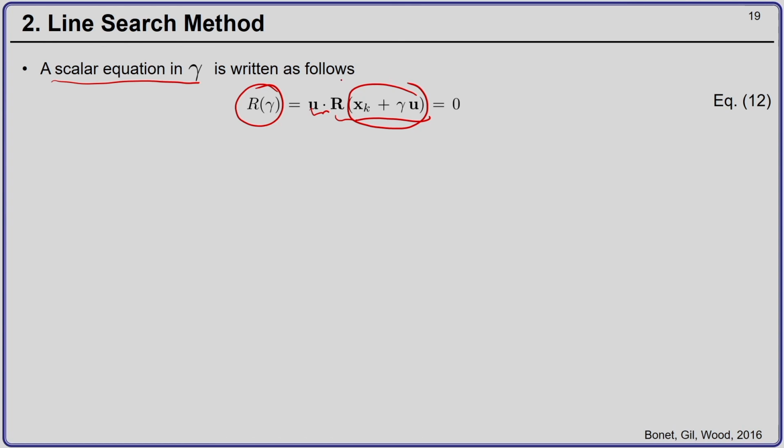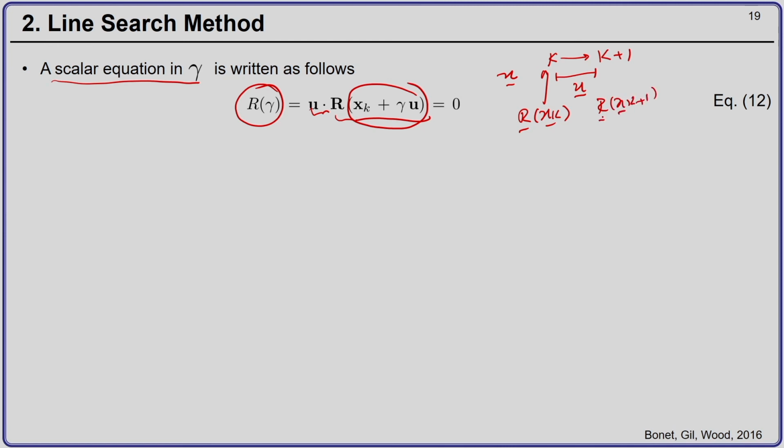Remember, we already know u because we have solved the Newton-Raphson iteration from k to k plus 1. So, at k plus 1 we know this increment in the displacement, and we know the residual force vectors at k and k plus 1.